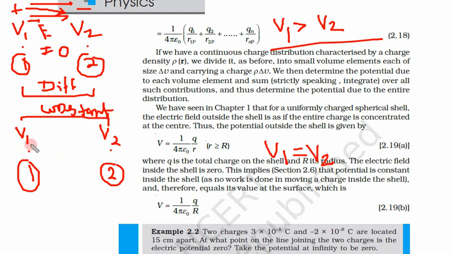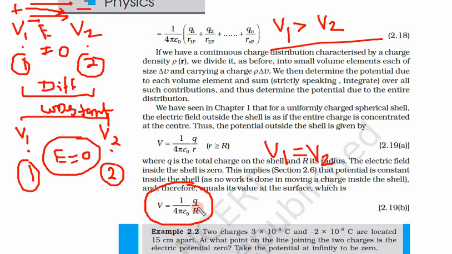So neither this one is positive nor this one is negative. Hence there would be no electric field, hence electric field would be 0. That's what I am trying to say: if the potential at each and every point is constant, there would be no electric field.